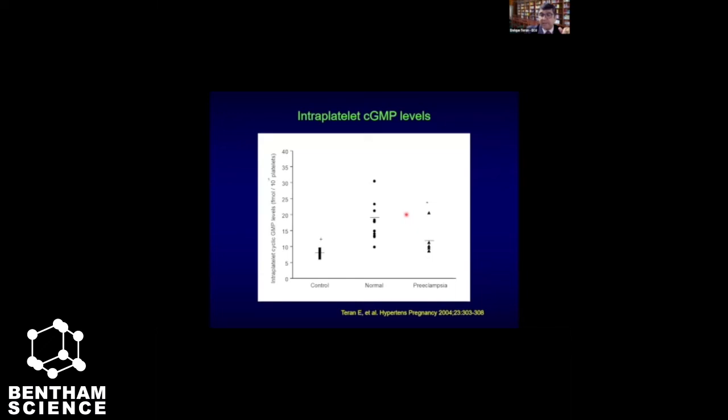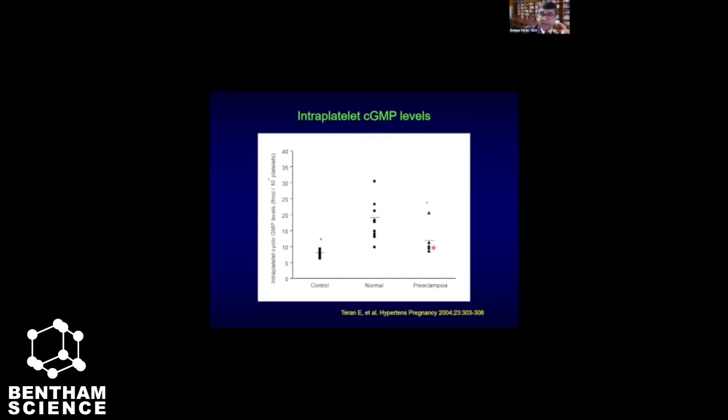And as we published, it was very interesting that normal pregnant women showed higher levels of intraplatelet cyclic GMP compared to control non-pregnant women. However, as you can see, in women with preeclampsia, there were significantly lower levels of intraplatelet cyclic GMP, levels that were a little bit higher than non-pregnant women, but significantly lower than normal pregnant women.